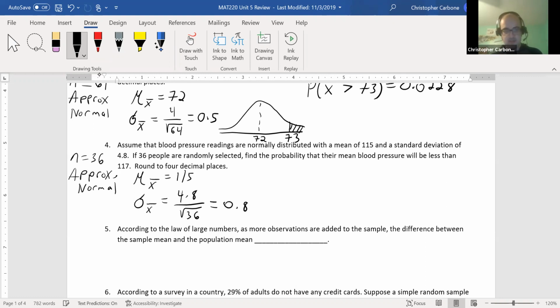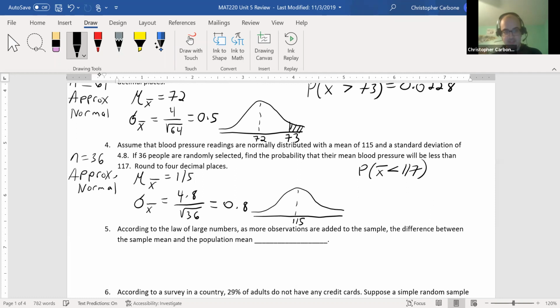This particular graph looks something like this. The mean of 115 is here. And here we want the probability x bar is less than 117.